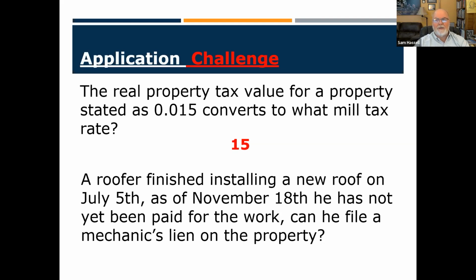Yeah, you got 120 days to file it, right? So July 5th, he did the work, August, September, October, November 5th would have been the last day he could have filed that, assuming 30 days in a month, right? And then he's got 180 days to take it to court. So in this particular case, no, 120 days has passed.